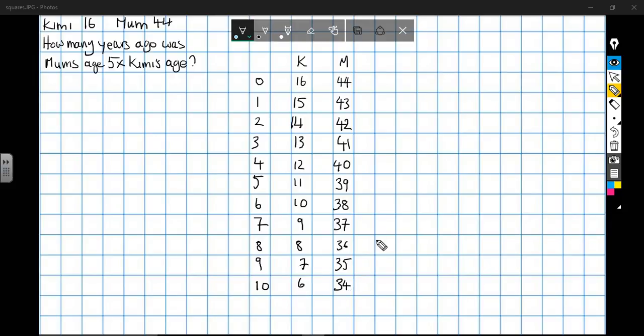I could go back further, but let's just see if we've found it yet. And again, what I'm looking for is this 5 times this, and here it's not.